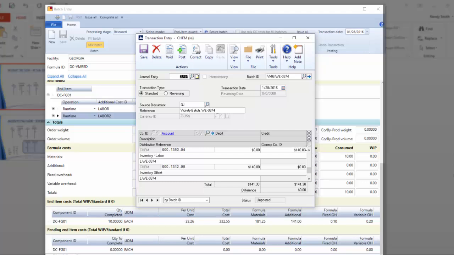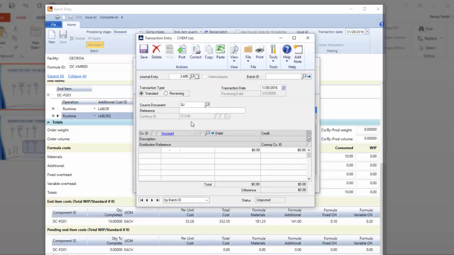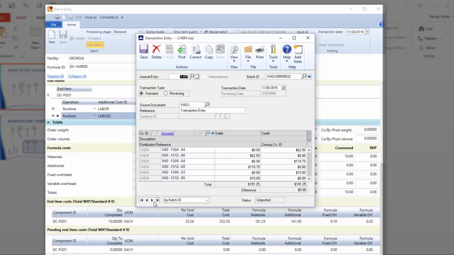So in short, we're booking the labor applied and running it through the production clearing account, and then after that is done, we're picking up the finished good transaction right in here. So that's my finished good valuation that I've got going on for 332.60.